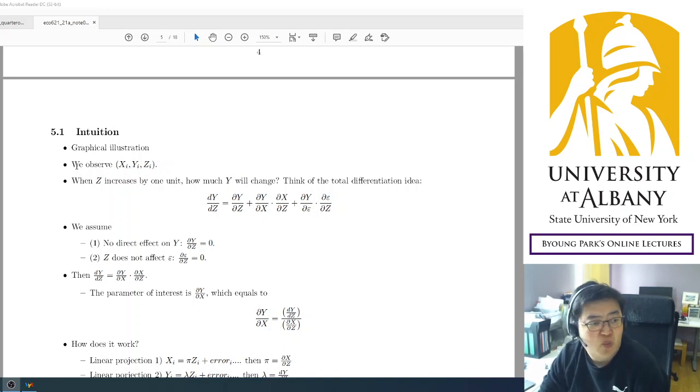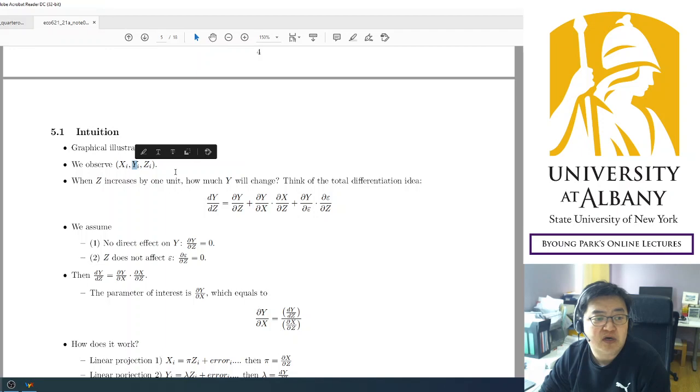Then we observe X and Y and Z. In the graphical example, X was education, Y was earnings, and Z was some instrument. I'll give you an example later, just the new variable Z. And basically, at the end, we want you to calculate this.